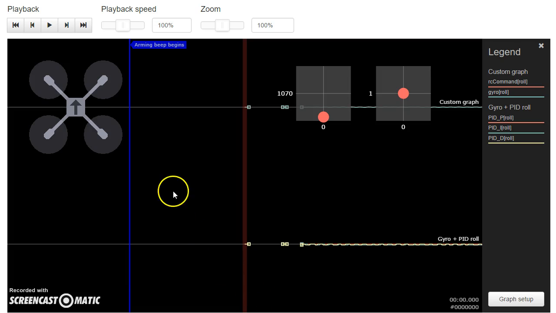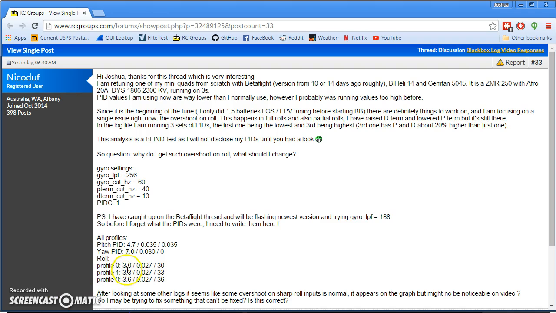Here is your log, and we've got 3 logs in here, and if I remember correctly, we'll just double check. Your P values go from 3 to 3.3 to 3.6. Also, it looks like you're raising your D value to 10 times your P value. That is a common guideline for PID controller 1, to have your D at about 10 times your P. Obviously fine tune, but that's a sort of starting point.